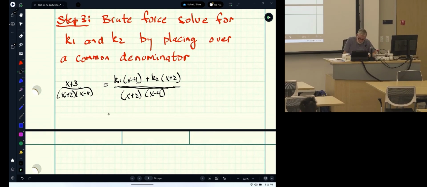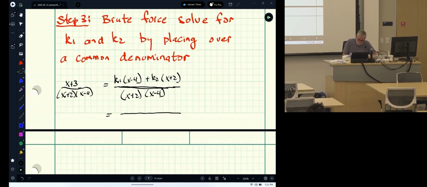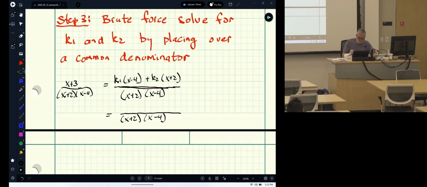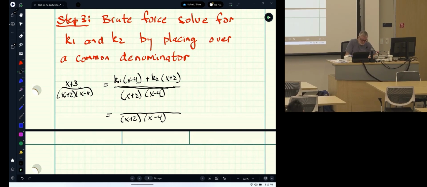Well, now we do what every young engineer loves to do. We do some messy algebra. We're going to collect all the terms involving x and all the terms not involving x. So we have K1 times x and K2 times x.